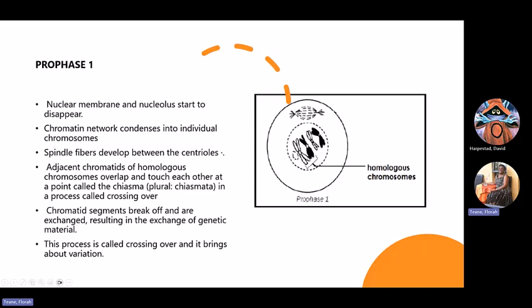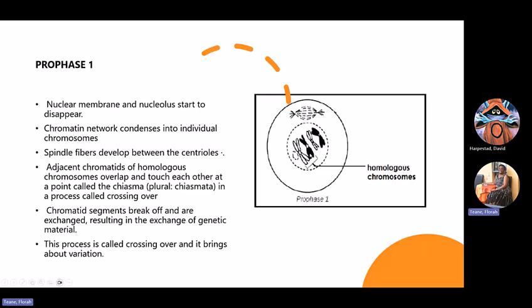And this process whereby chromatids from different chromosomes are attached at a certain point to exchange genetic material is called crossing over. The importance of crossing over, which is caused by an overlap which exists between two chromatids, is to exchange genetic material.